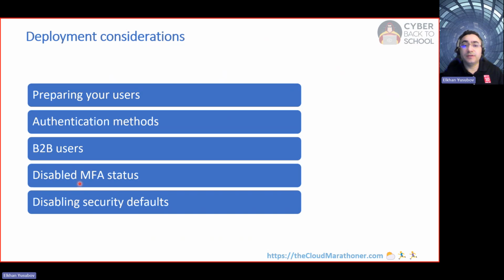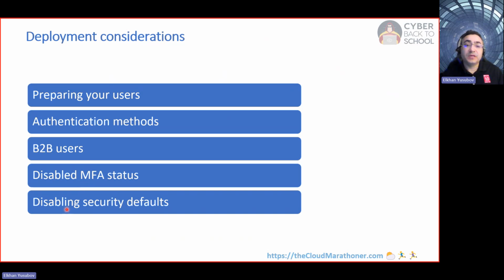Next one here is, in case your organization is a previous user of the per-user based MFA scenario, then don't get alarmed when you are not seeing the enabled or enforced status when you look at the multi-factor authentication status page. Disabled is the appropriate status for users who are using security defaults or conditional access based multi-factor authentication. So that's another thing that you need to keep in mind.